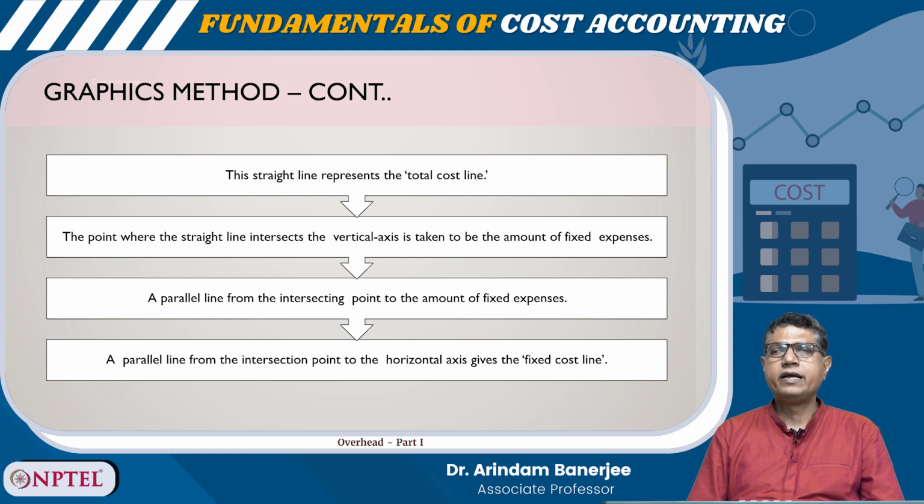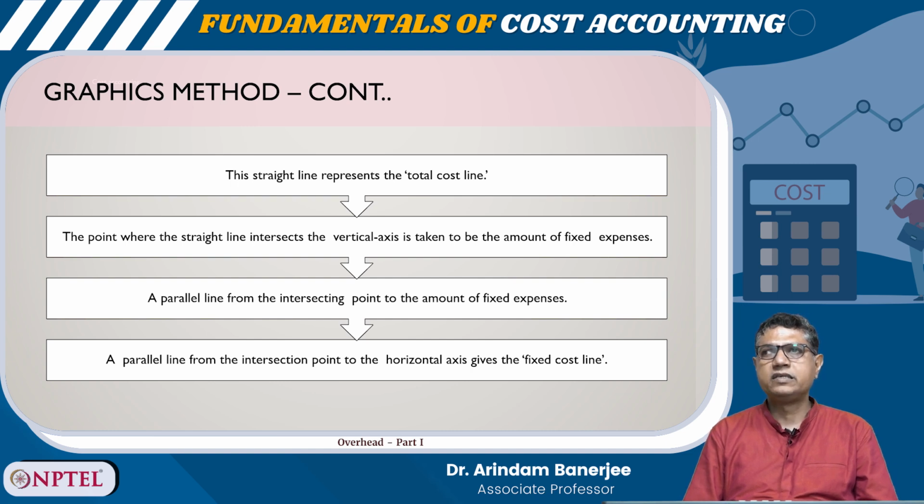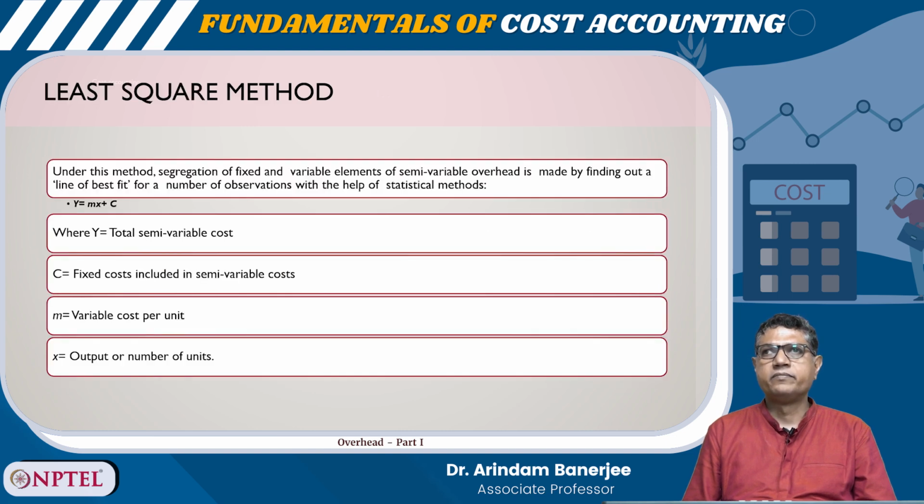The point where the straight line intersects the vertical axis is taken to be the amount of fixed expenses. A parallel line from the intersection point to the horizontal axis gives a fixed cost line.